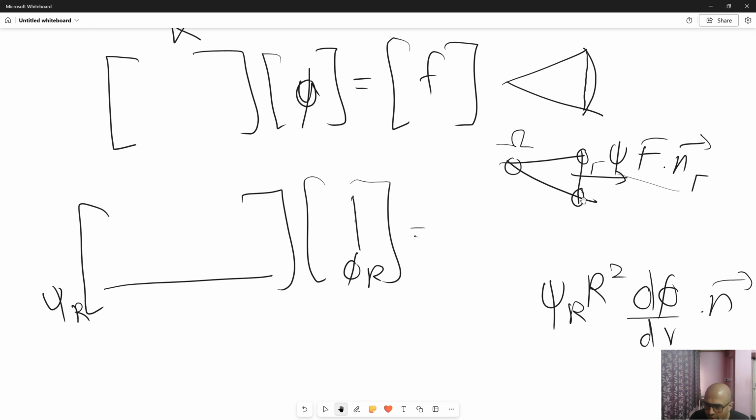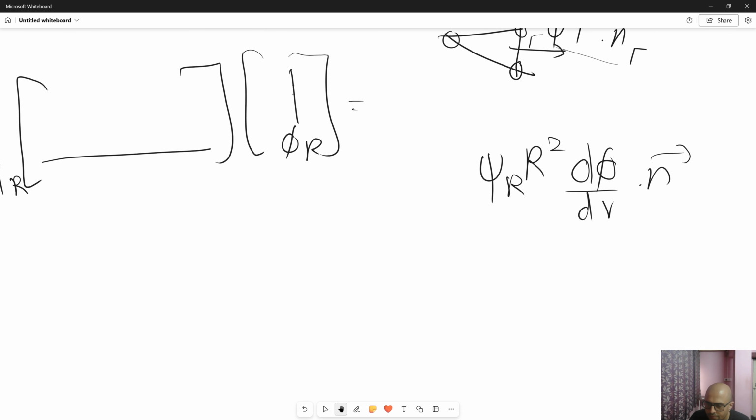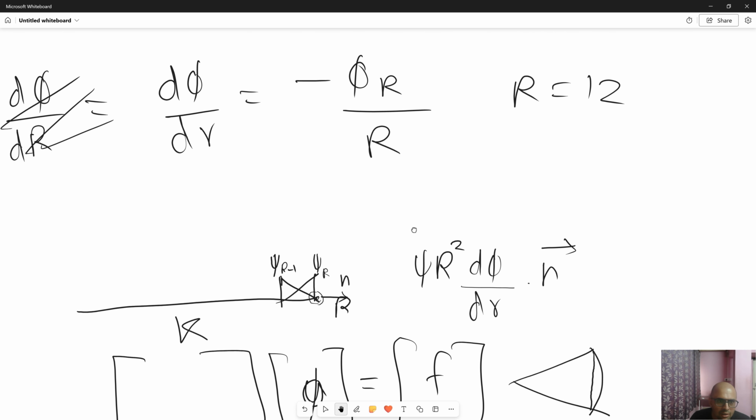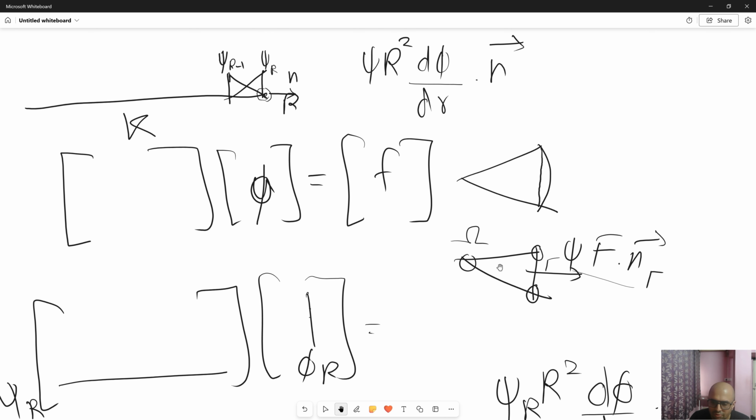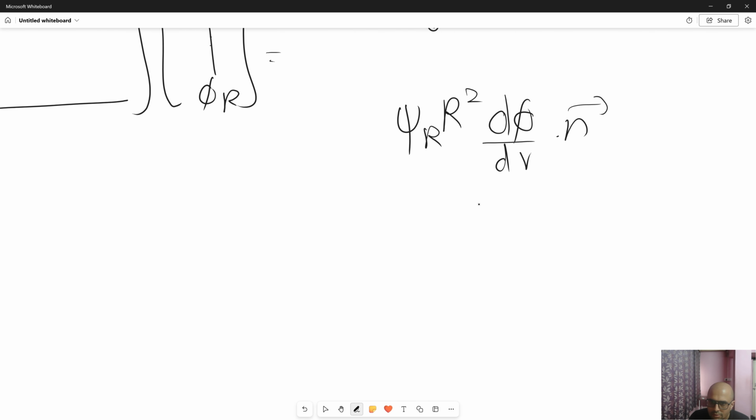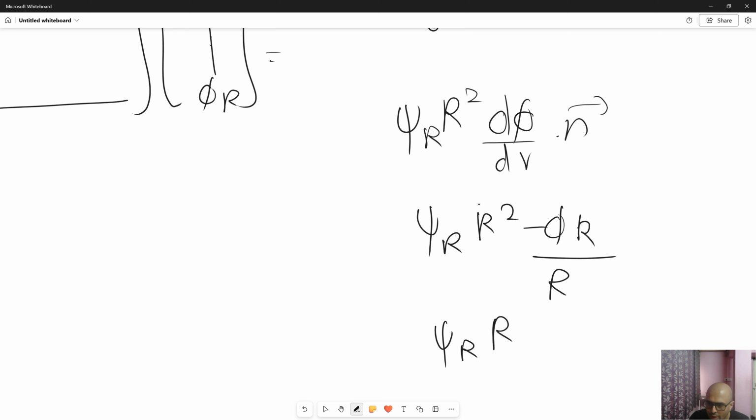So d phi by dr we have already derived. d phi by dr is equal to minus phi by r. So this term is just r square upon minus phi r upon r. So this is just psi r into phi of r, with a minus sign.